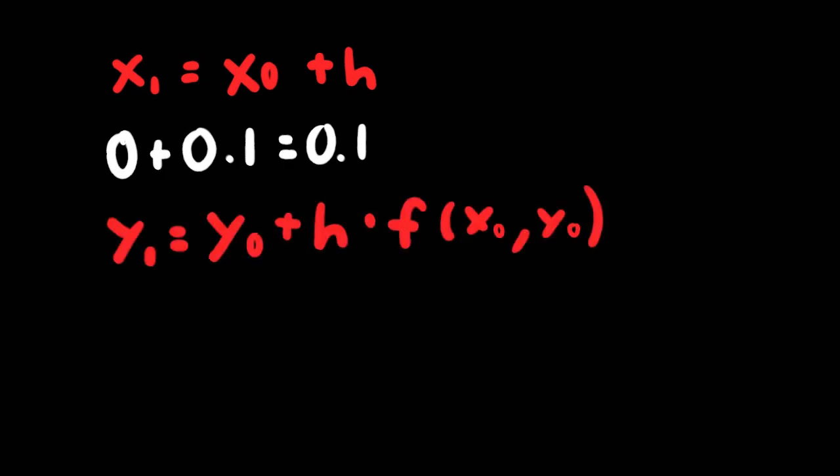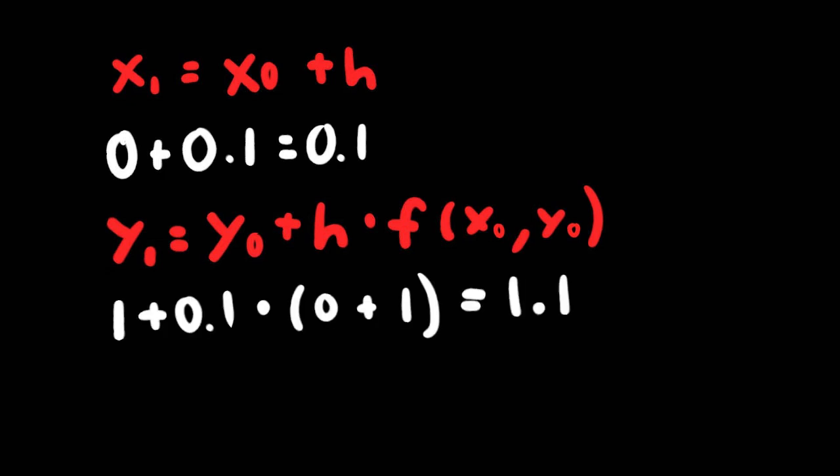Next is to find y sub 1. We first needed to add y sub 0 plus h times f of x sub 0 and y sub 0. Again, with the values, this equals 1 plus 0.1 times 0 plus 1. This equals 1.1.